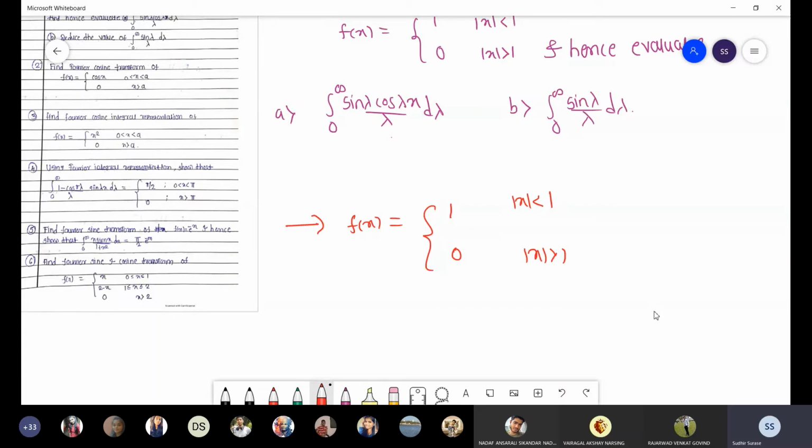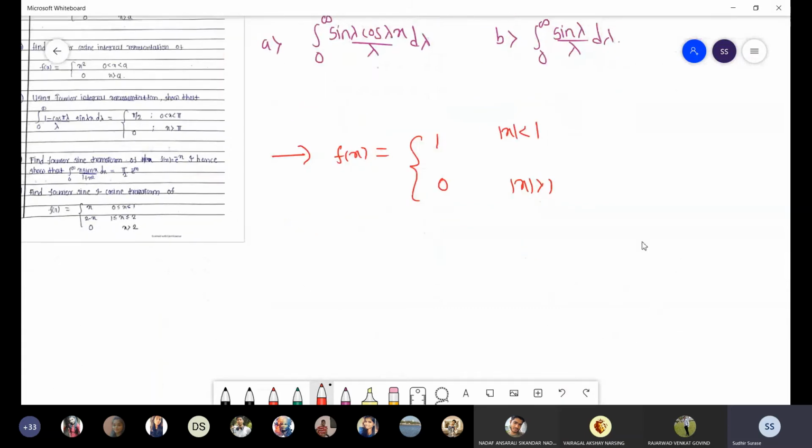So minus 1 to 1. Yes, it is correct. So minus 1 less than x less than 1, and we have 0 for x bigger than 1 and x strictly less than minus 1. So beyond 1 and left of minus 1, we have value 0.